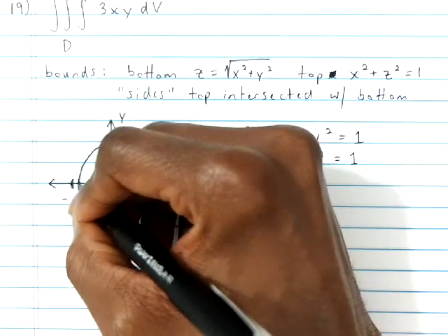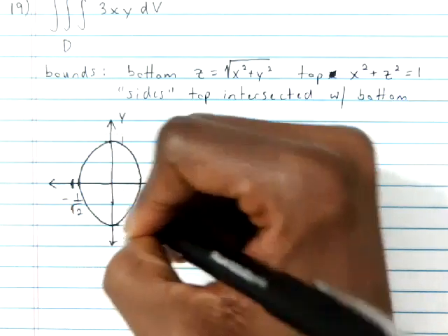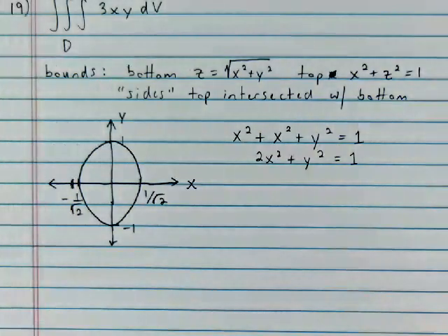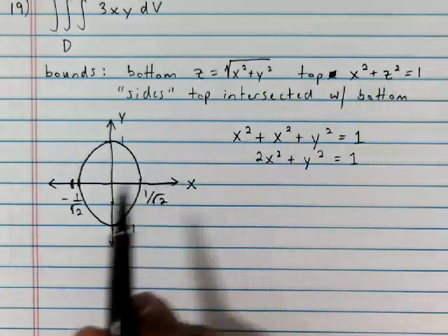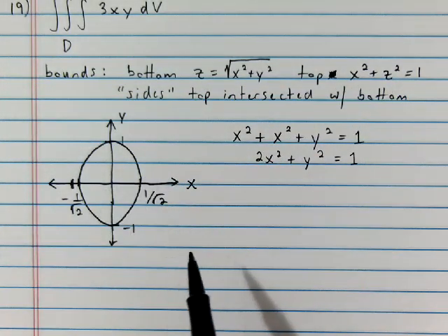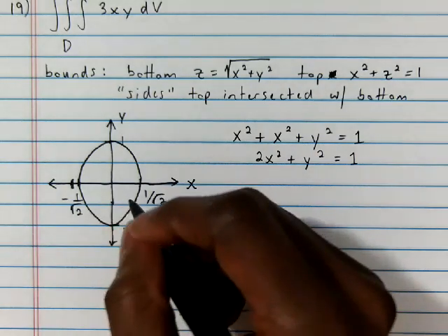So we get this ellipse. Now we took whatever our region is that we had, and we smashed it down into the XY plane. So this is what we would have.